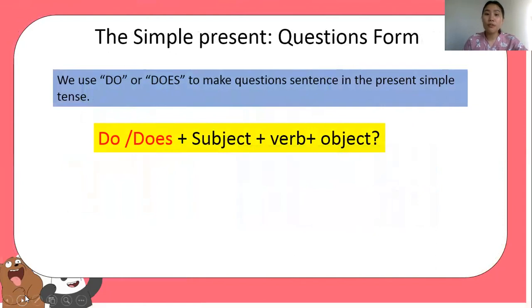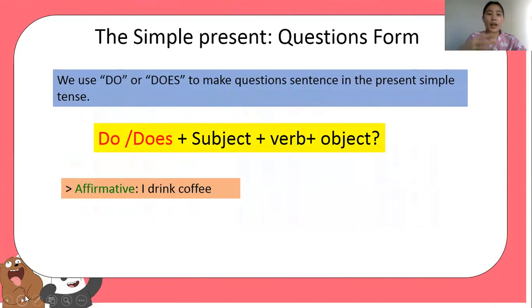So to make the question form, you use do or does to make question sentences in present simple tense. You just put do or does in front of the subject and then the verb or object. For example, I have an affirmative like I drink coffee. So I want to make the question form.